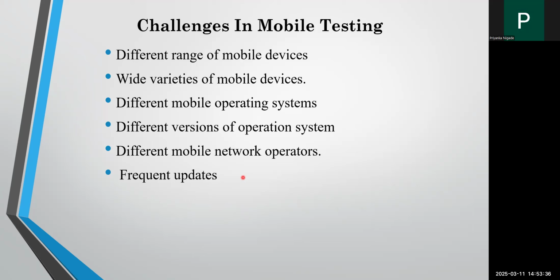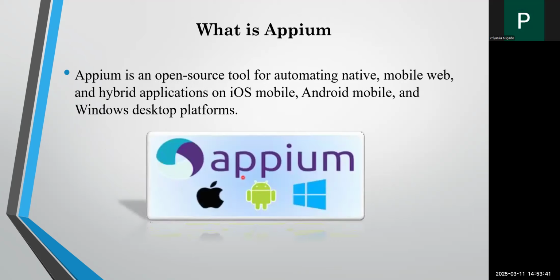For mobile application, there are different tools available in the market, but the most popular tool which we have is Appium. Why Appium, and what is Appium? Again, it is important to know. Appium is a very popular free, open source tool for automating native, mobile web, and hybrid applications. The latest version of Appium is completely based on the latest version of Selenium, and that's the reason internally it follows the Selenium protocol only.